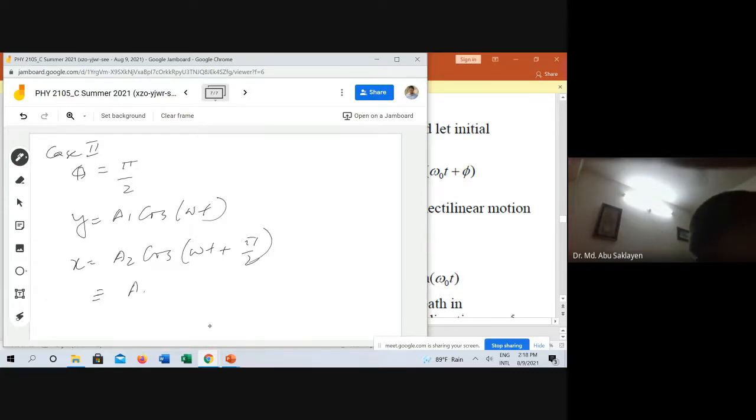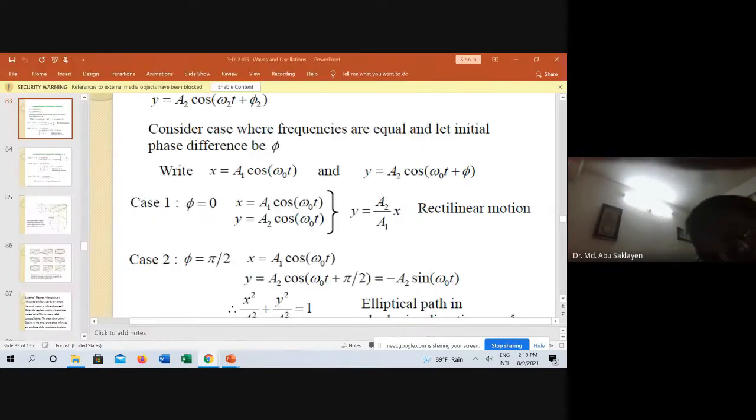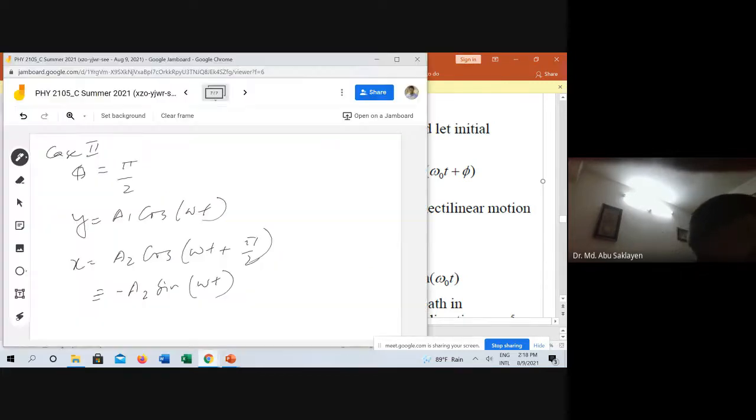It will be minus sin theta. Do you know it?